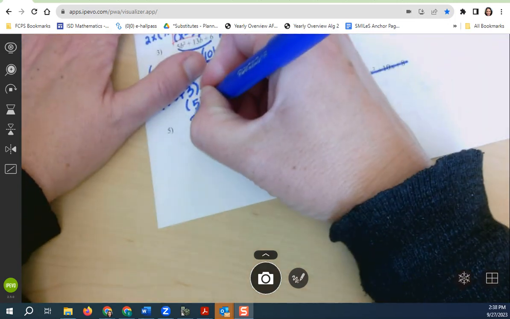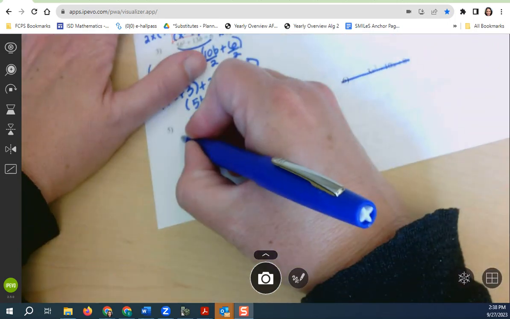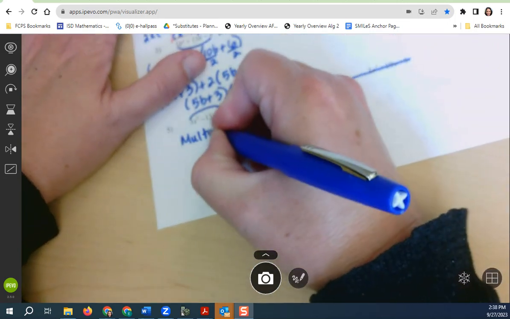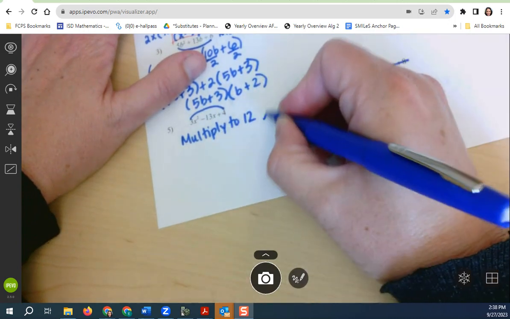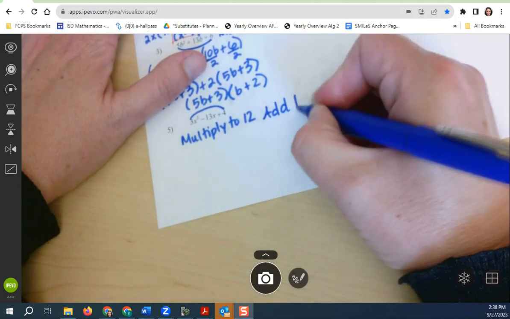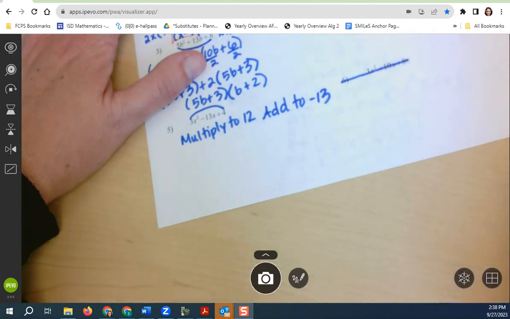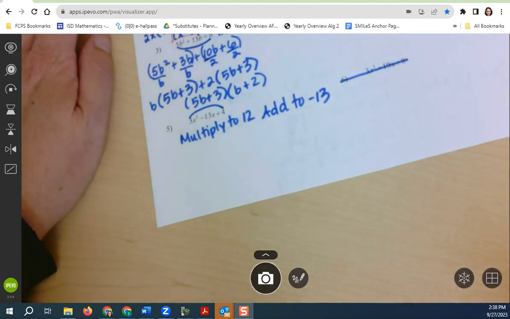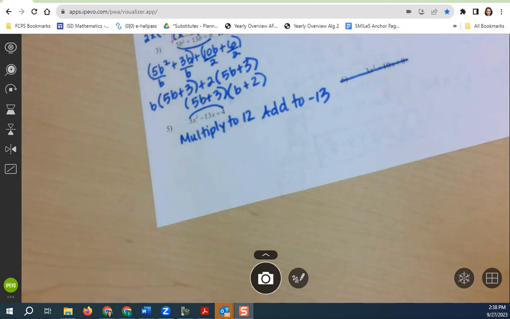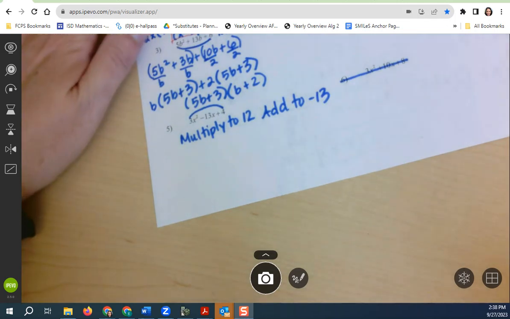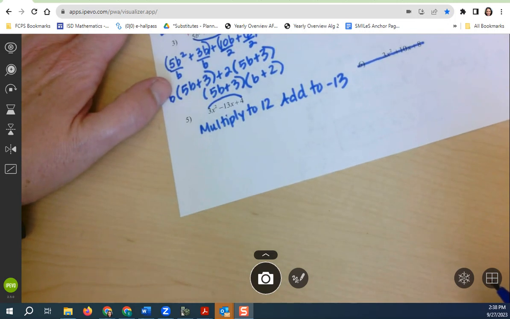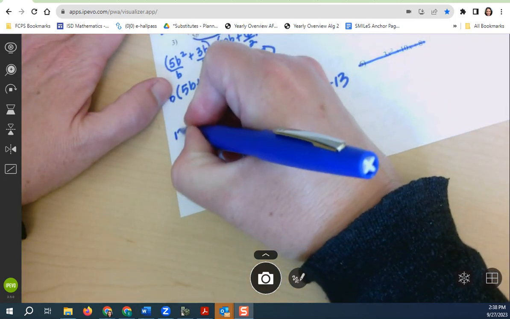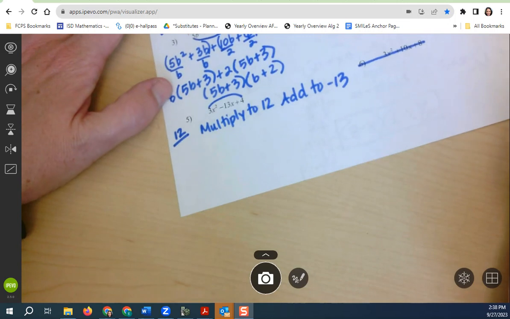Okay, multiplying the first and the last. I need 2 numbers that multiply to 12 and add to the middle number, add to negative 13. All right. So Anne has suggested some numbers. I'm just going to remind you, if you're not sure how to find the numbers, we do know it's a negative times a negative because it has to add to a negative.